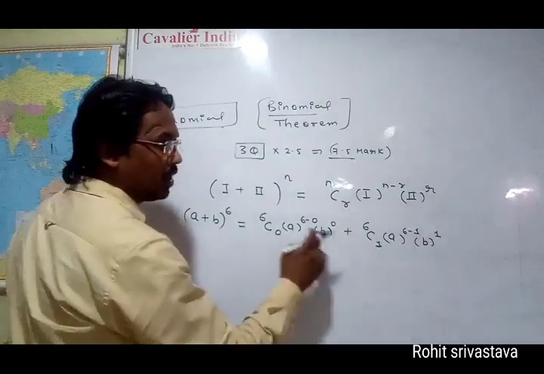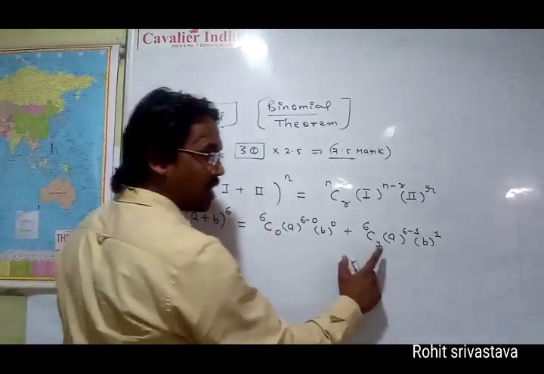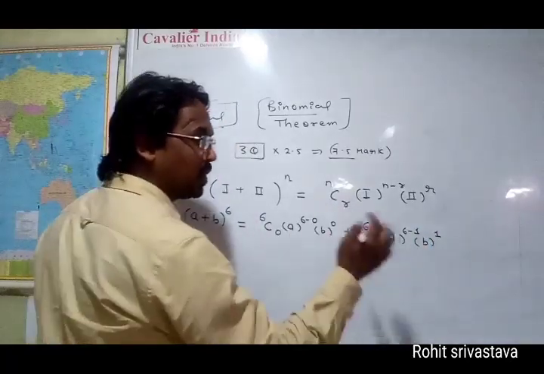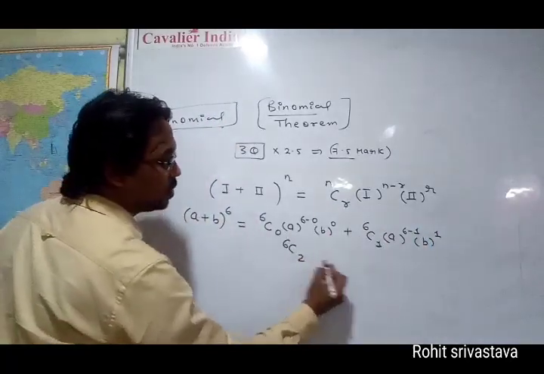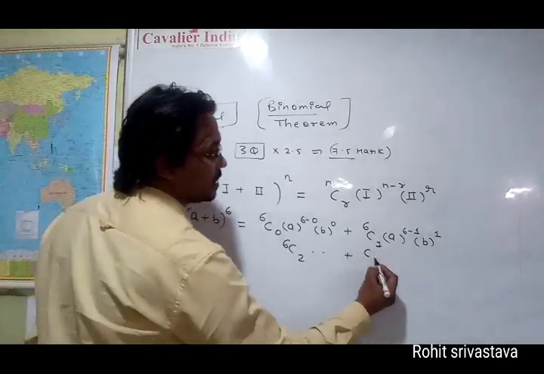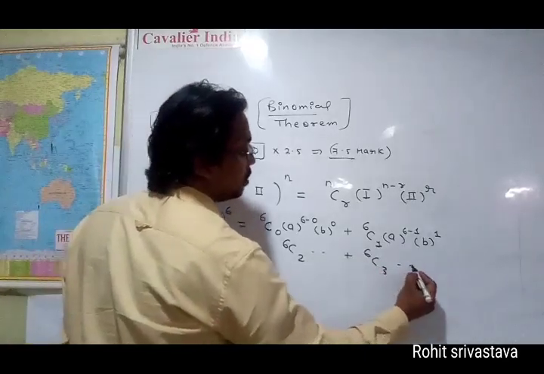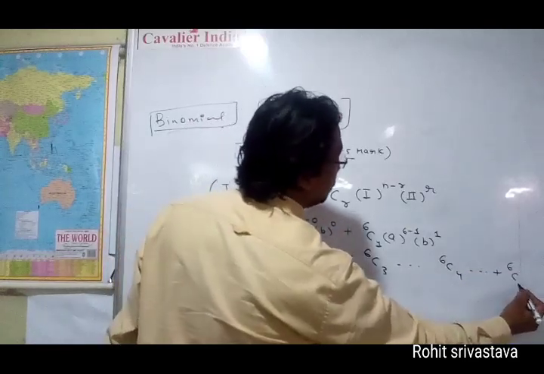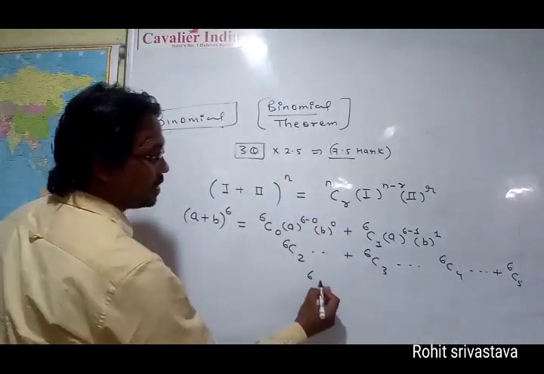Here I have written 0, then now 1, then now I will write 2, 3, 4, 5 onwards: 6C2, dot dot dot, 6C3, dot dot dot, 6C4, dot dot dot, 6C5 and 6C6.